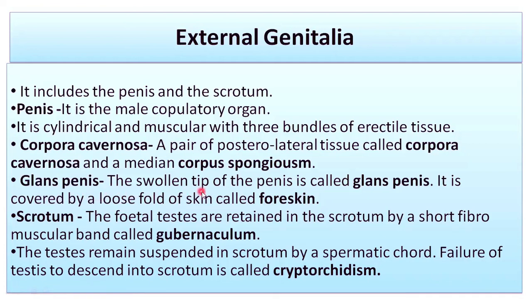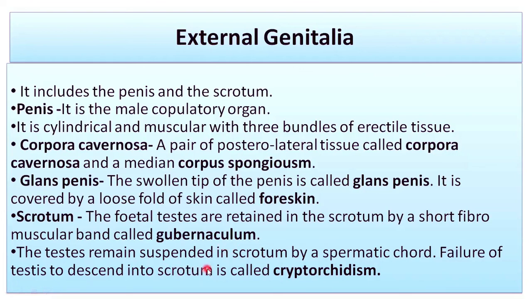So, the swollen tip of the penis is called glans penis. It is covered by a loose fold of skin, and that is known as the foreskin. Now in the scrotum, the fetal testes are retained in the scrotum by the inguinal canal, as I explained from the diagram, by a short fibromuscular band that is called the gubernaculum.